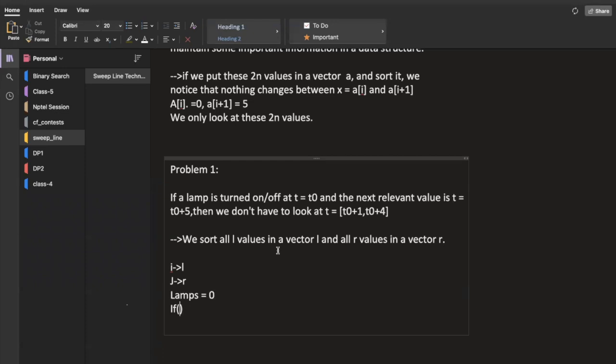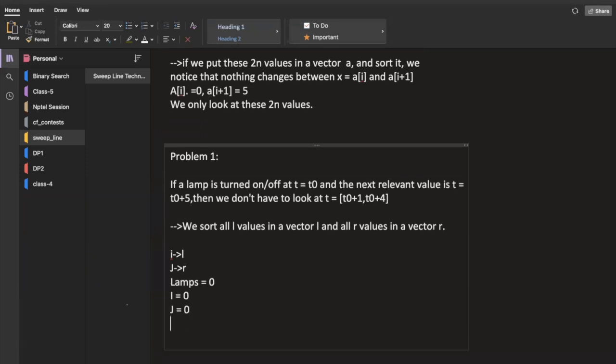And initially I is also 0 and J is also 0. Now we apply this while loop, which says while I is less than size of L and J is less than size of R. So now we have this while loop.